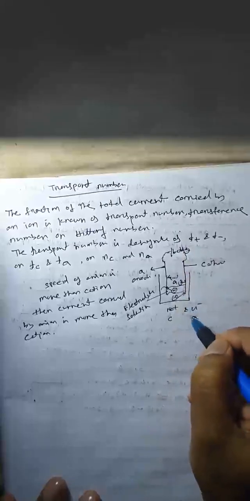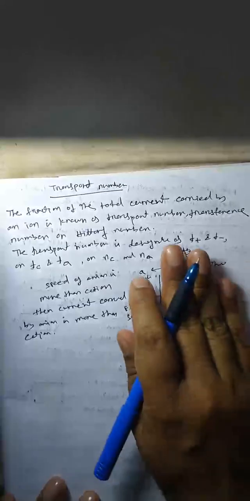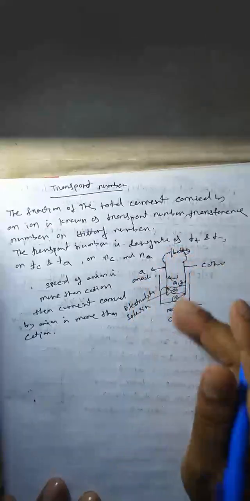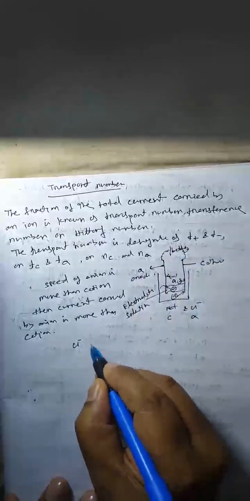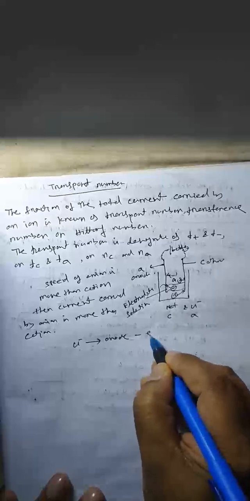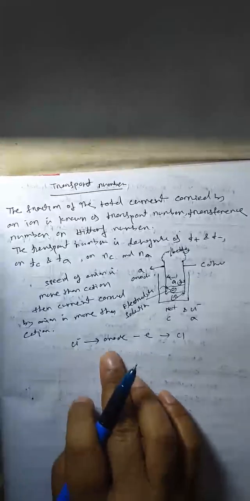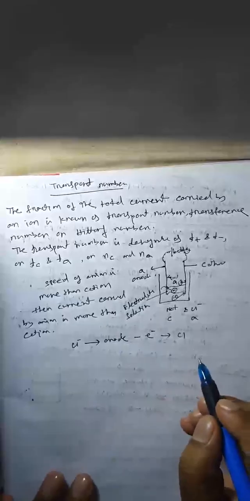Now when we switch on, the anion moves towards the anode and the cation moves towards the cathode. This is called electrolysis. When the Cl minus moves towards the anode, it loses an electron and gets discharged.